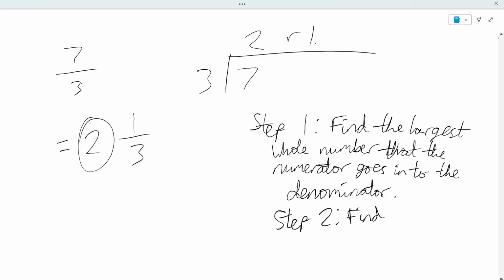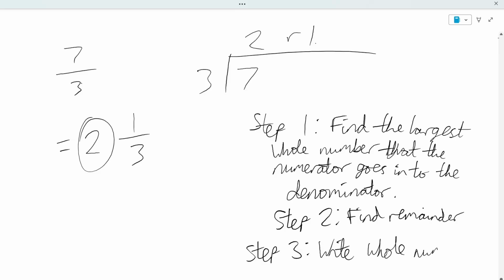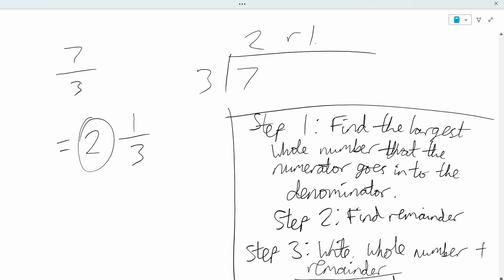And step 3, write whole number plus remainder over denominator. You can see that here, that last step might seem confusing, but here you've got whole number 2, which we got from here, plus remainder 1 over denominator 3.